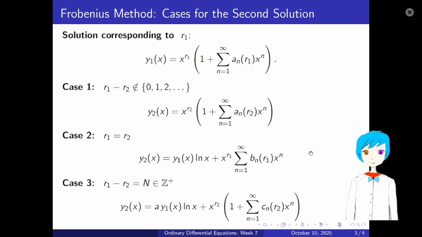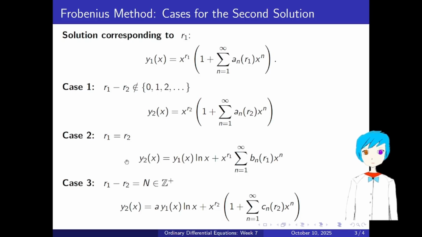So there are many subcases. For example, if the difference between the two roots is not a positive integer, then using the Frobenius method, we can get two linearly independent solutions. Note that for the larger root, we can always get one solution as x^r1 times a series function.